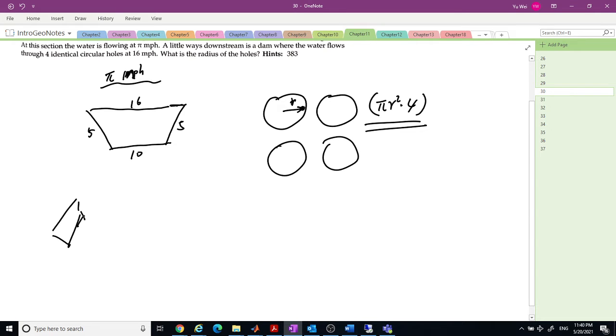So this is the volume inside. In 1 hour, the volume inside the bank also goes through these 4 holes, right?